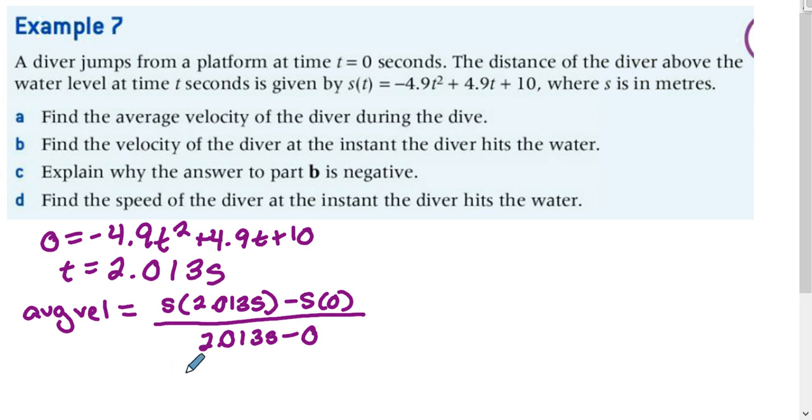So go ahead and calculate those. It shouldn't take you very long. What's s of 2.0135? 0. That's what we set it equal to. And s of 0, when I put 0 in, what do I get out? 10.